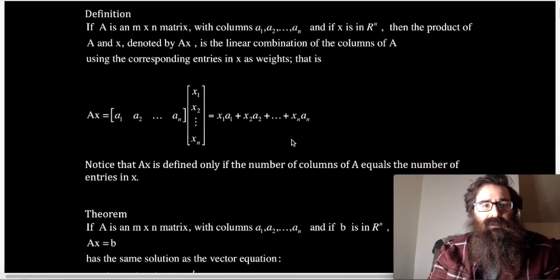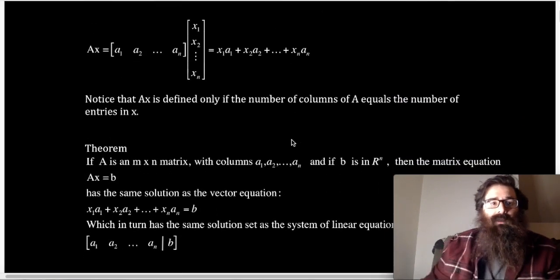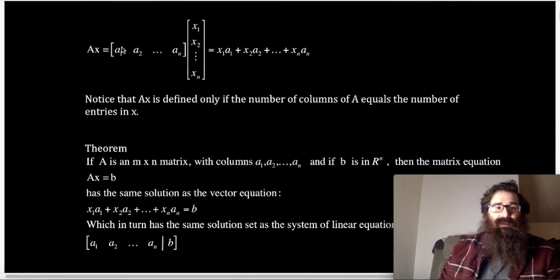And here we can see we have this written out longhand. So this is our matrix A, and here's the first column, a sub 1, second column, a sub 2, so on and so forth to a sub n, the nth column. Here's my vector x with these n entries in it. And we'll take the first entry, multiply it by this first column. We're going to add to it the second entry, x2, multiplied by the second column, a sub 2, plus so on and so forth, until we get to the end.